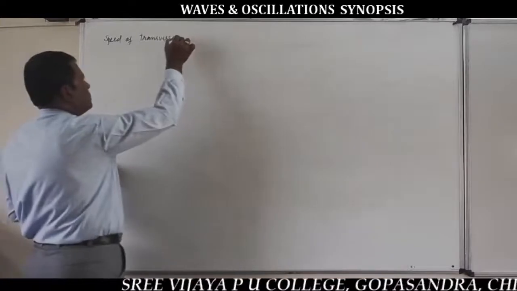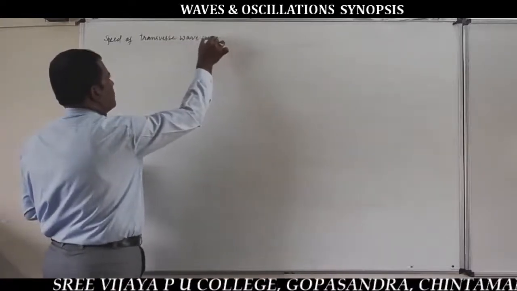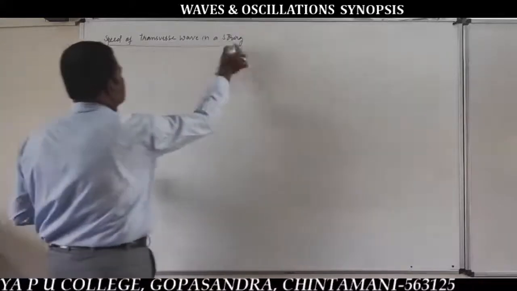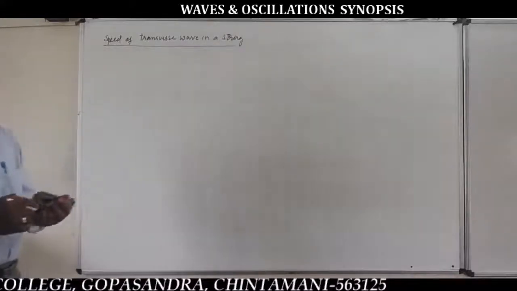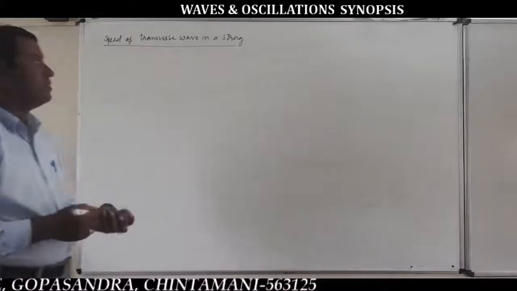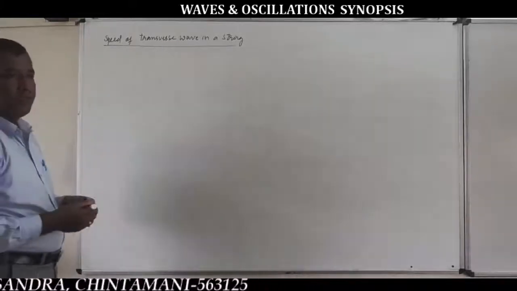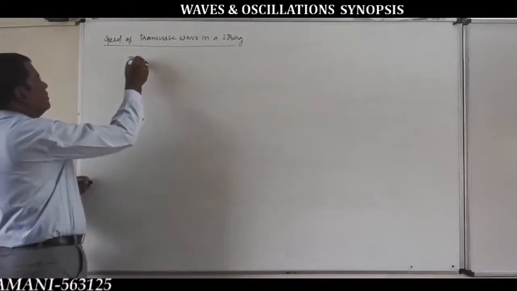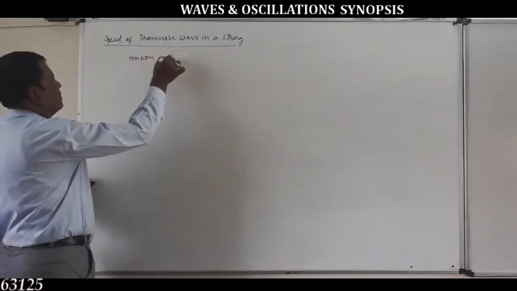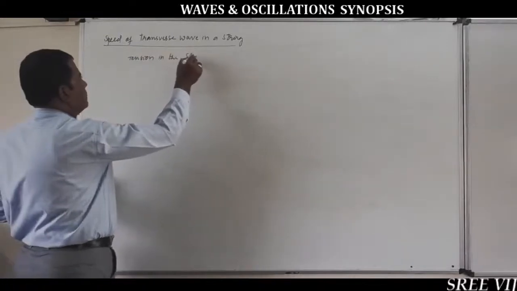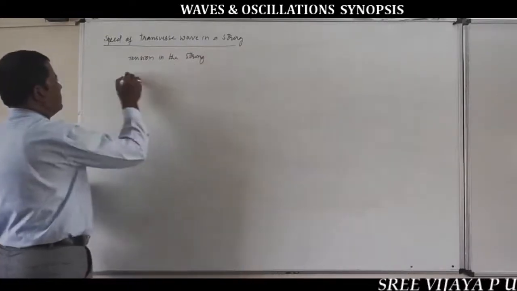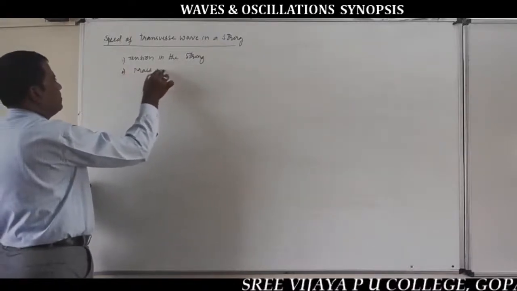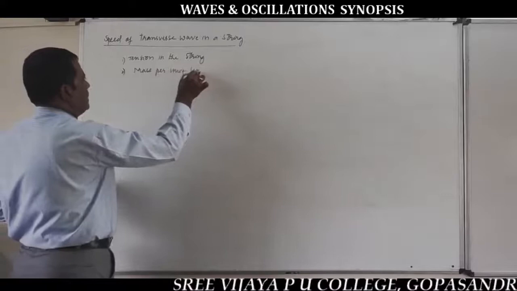Speed of transverse wave in a string. So the physical quantities which determine the speed of a transverse wave in a string are the tension in the string, and the second one is mass per unit length.